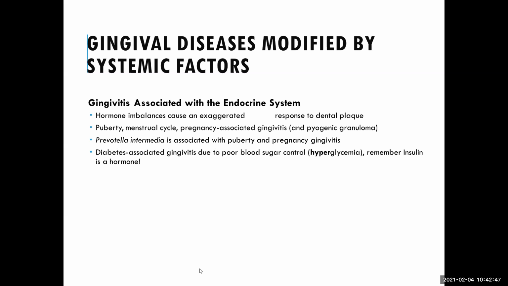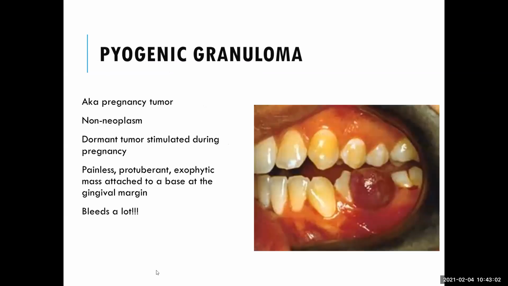Diabetes-associated gingivitis is due to poor blood sugar control. All right, your pancreas, your endocrine system. Again, gingival diseases modified by systemic factors. That's the endocrine system. Pyogenic granuloma, pregnancy tumor.